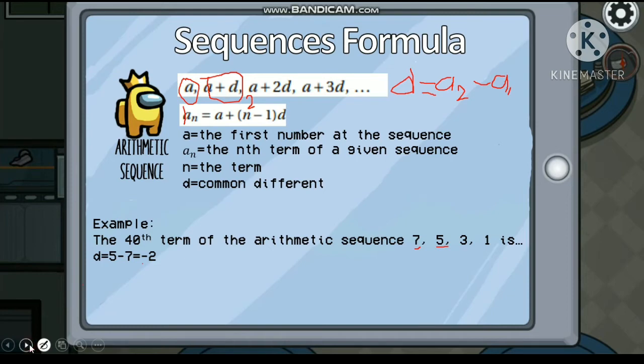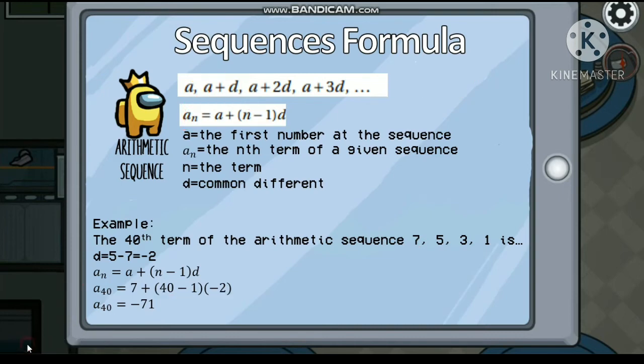And then we write this formula, and then we put the numbers in this question into the formula.